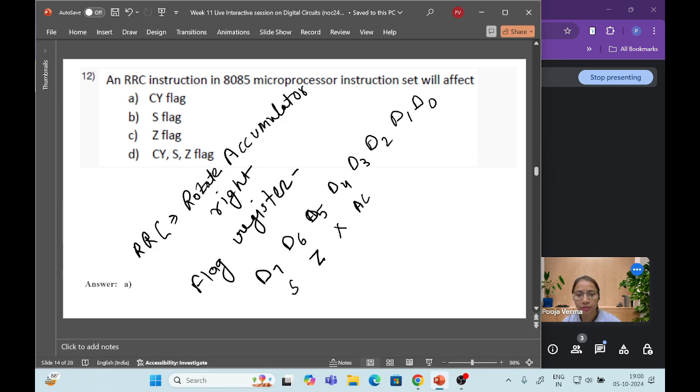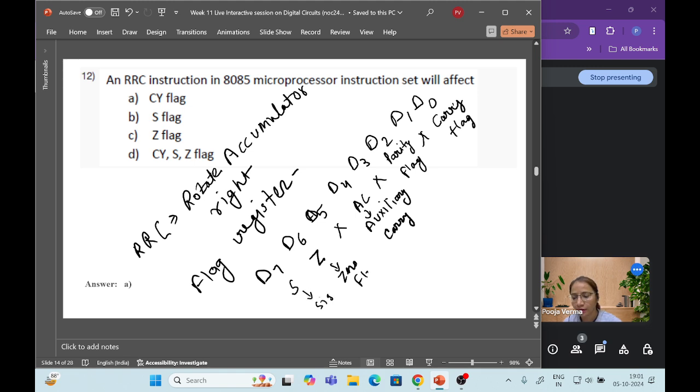Here it is the parity flag. Here it is also nothing. Here D0 is the carry flag.